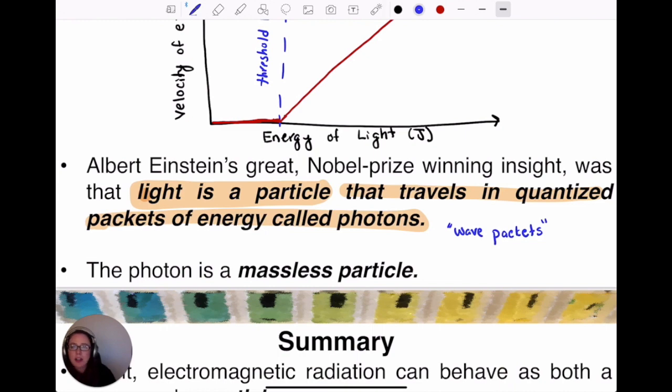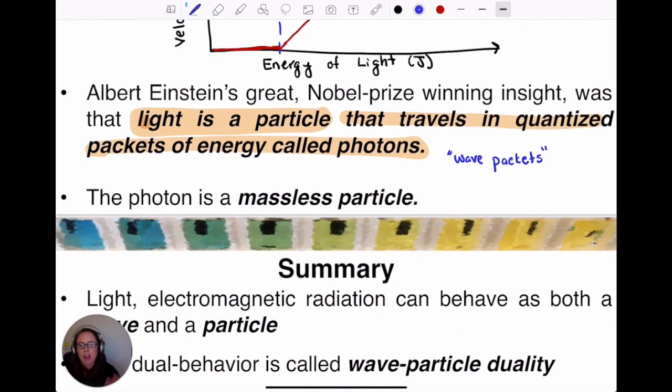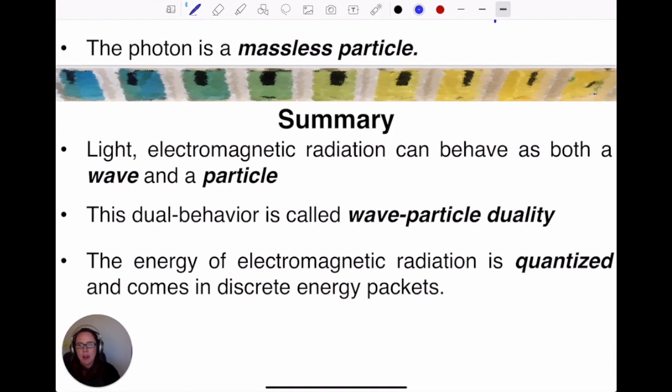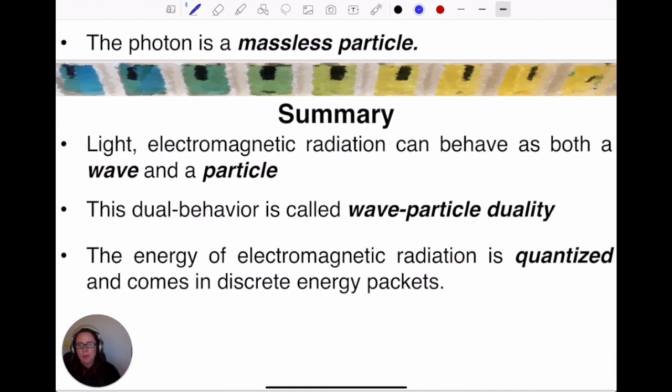And the photon now is a massless particle. So light behaves as a wave and as a particle and exhibits what's called wave-particle duality. Just in summary, light and electromagnetic radiation, so we say light, but that includes infrared radiation, X-rays, ultraviolet rays, radio waves, can always act as both a wave and a particle.